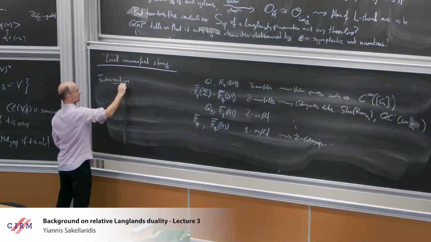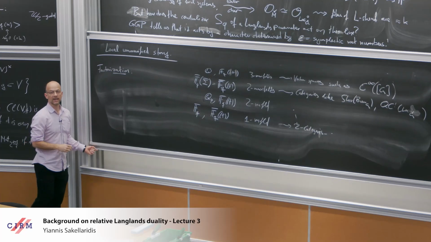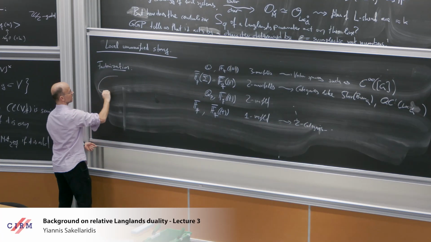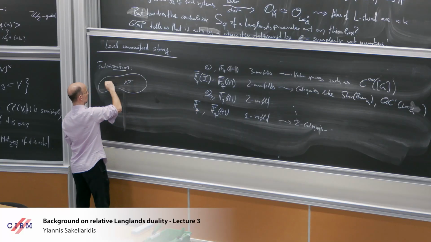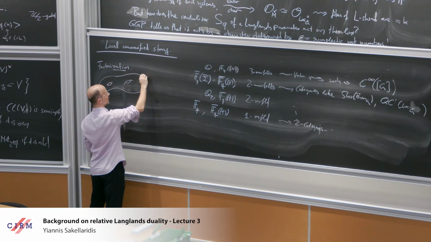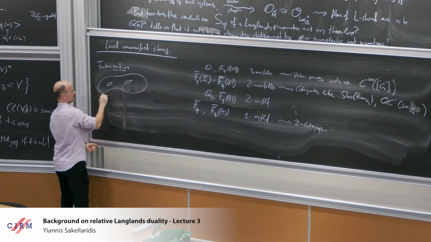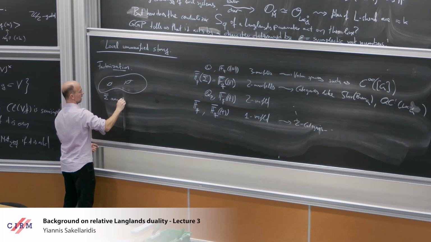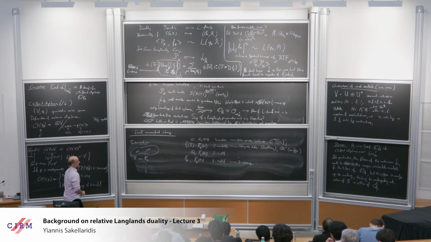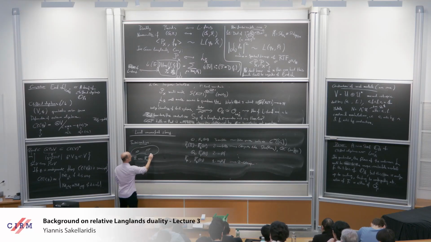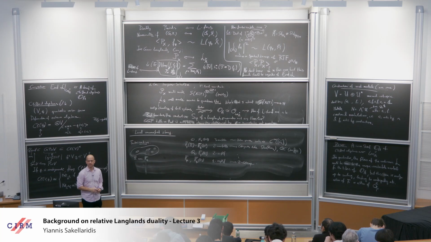So factorization is the idea that, if you have a curve, let's say Sigma bar over F_q bar, then all points have neighborhoods that look the same.